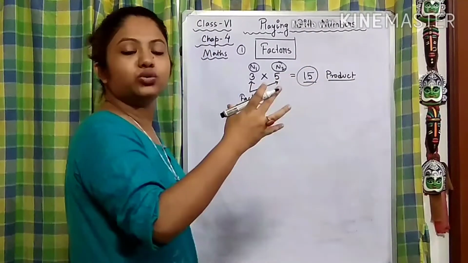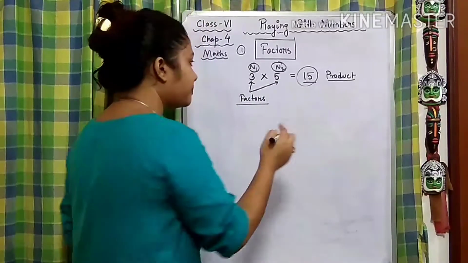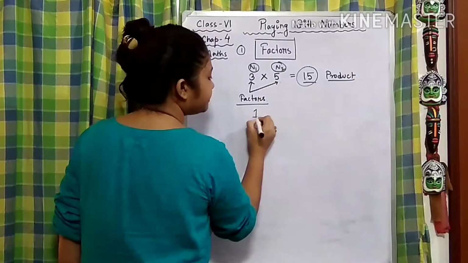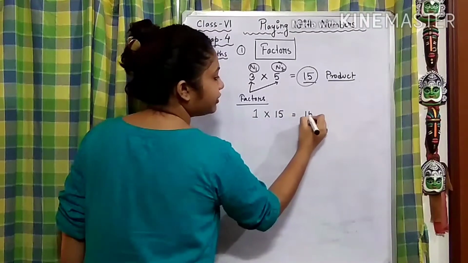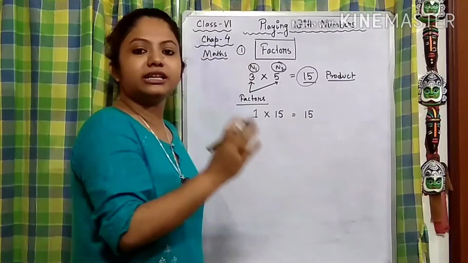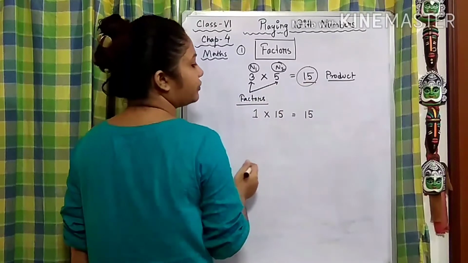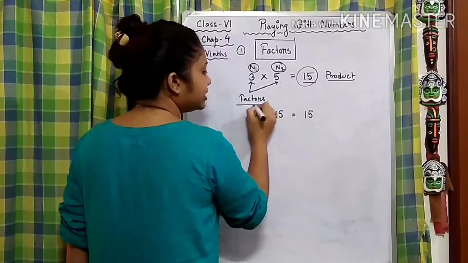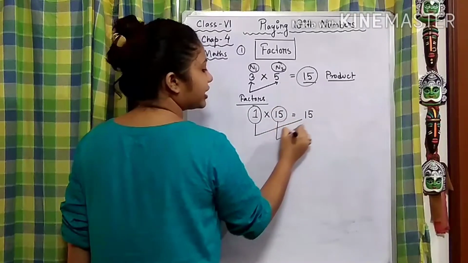Now, if we need to break this 15 in a different way, how can we break it? We can also multiply 1 with 15 to give 15, right? So if anybody says find all the factors of 15, 1 is also a factor of 15, and 15 is also a factor of 15.